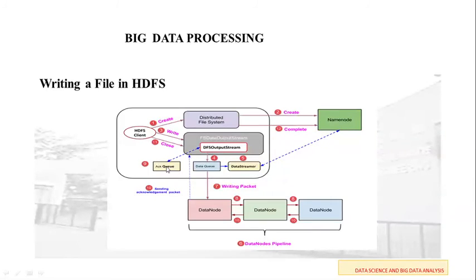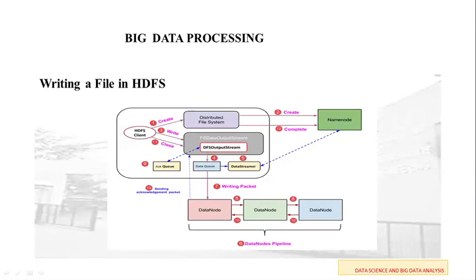After that, step number 9, this is the acknowledgement queue. Another queue, that is the acknowledgement queue, is maintained by DFS output stream to store the packets which are waiting for acknowledgement from the data nodes.